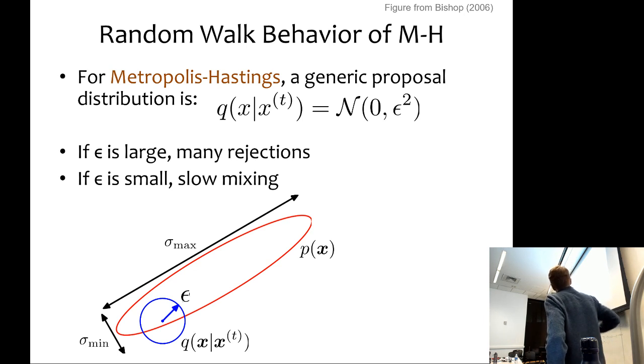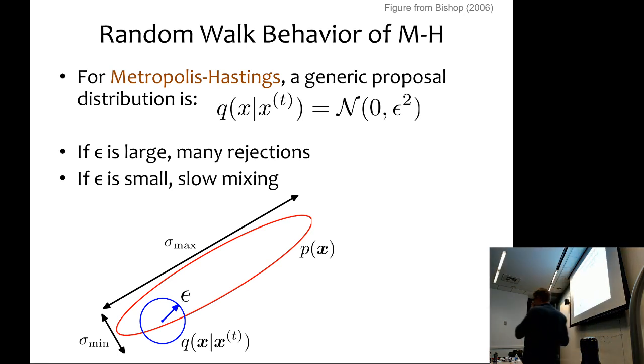The thing we can reason about is how the sampler would move about in this space as a function of the proposal distribution. The two interesting cases are one where epsilon, the variance here, is large.